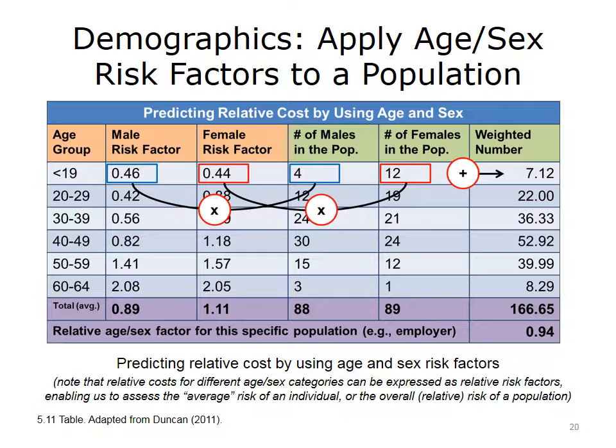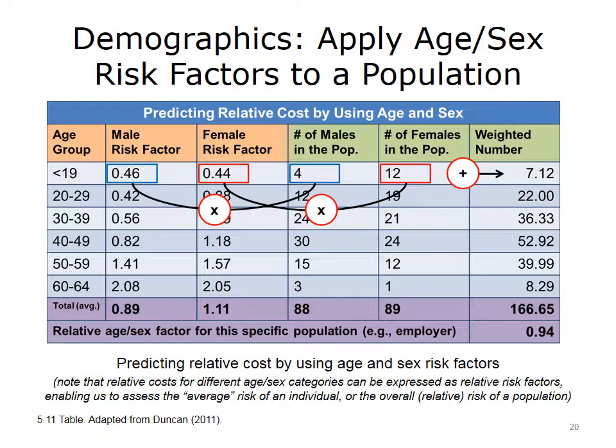The total relative age and sex risk factor for this smaller plan is 0.94, which differs slightly from the total relative age and sex risk factor of the large population, that is set at 1, see previous slide. As discussed, this difference is due to the slightly different ratio of patients in each age and sex combination in this plan, compared to the larger commercial database, which is considered the population.